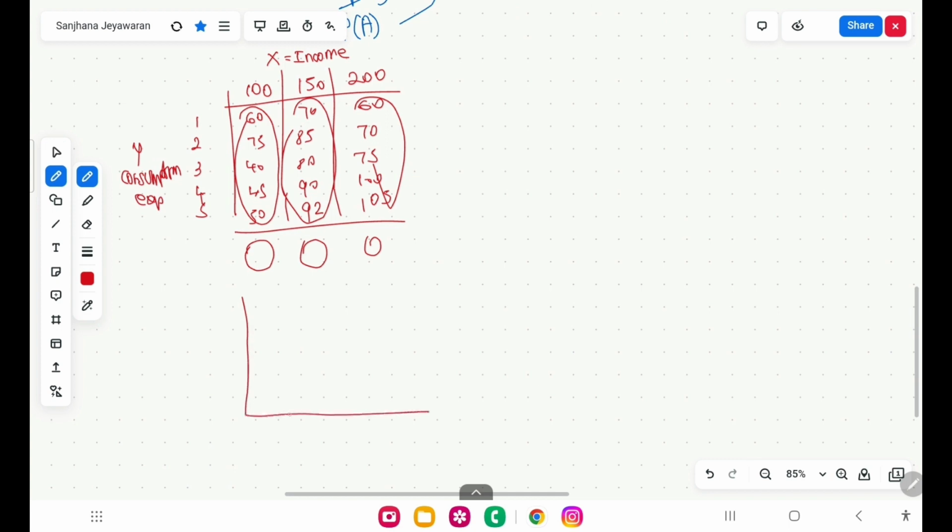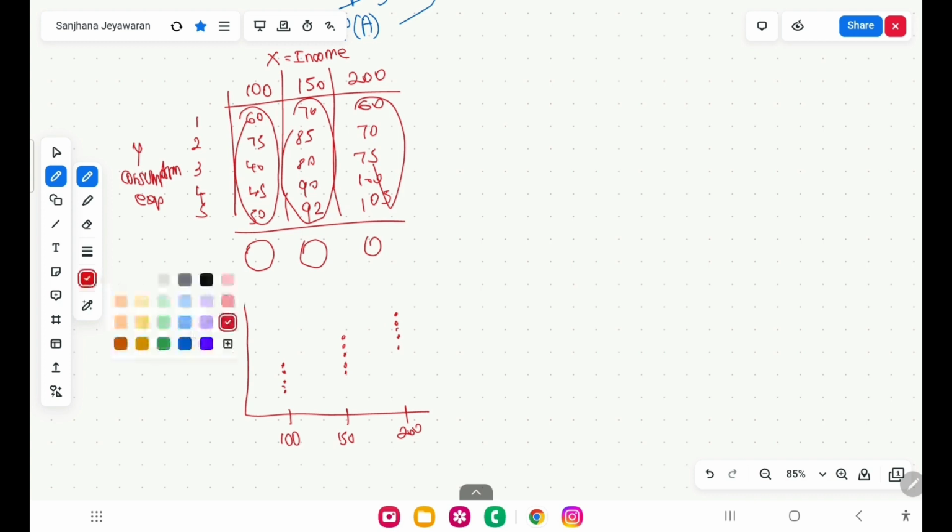So to give a basic idea, this is 100, this is the 150 level of income and 200 level of income. These are the 5 sample points which I've got. These averages over here come somewhere here, and then I form my population regression function.